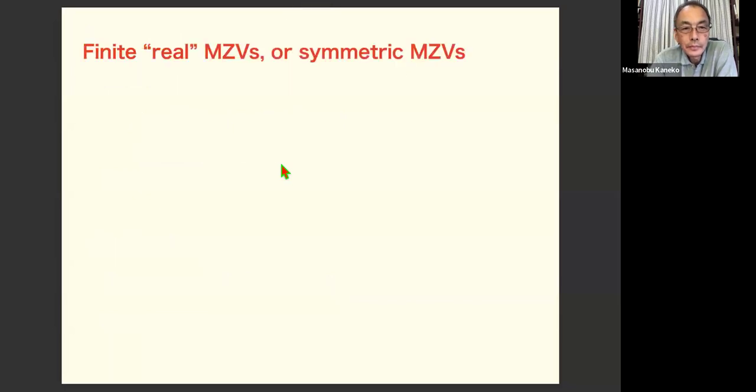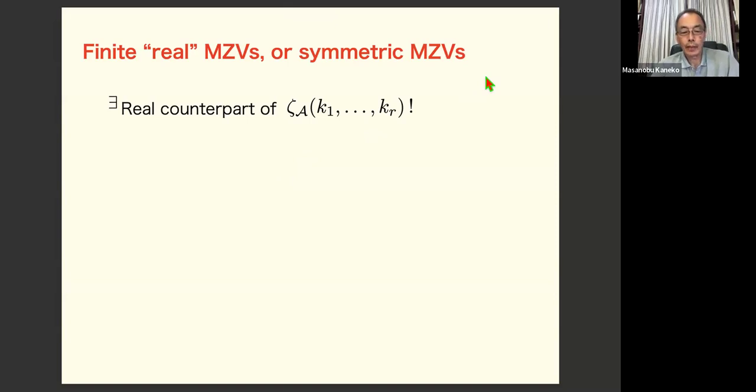So now, this is one of the most exciting parts of our discovery: the finite real MZVs, or symmetric MZVs, as they are called. So we have a real counterpart of finite MZVs. What does that mean?